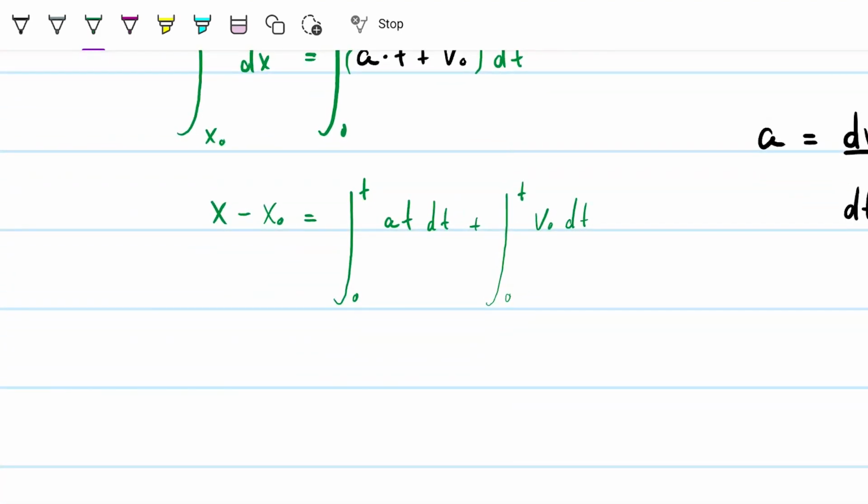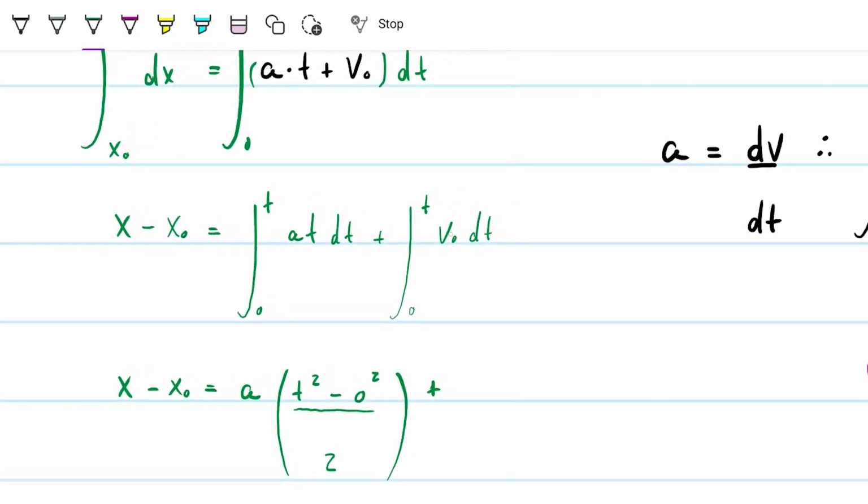This is where it gets interesting, because the integral of the acceleration is trivial, right? The acceleration is a constant, as defined in the beginning. So this is just going to be acceleration times the integral of t dt, and that's going to be t squared minus 0 squared over 2, as we go from 0 to t.